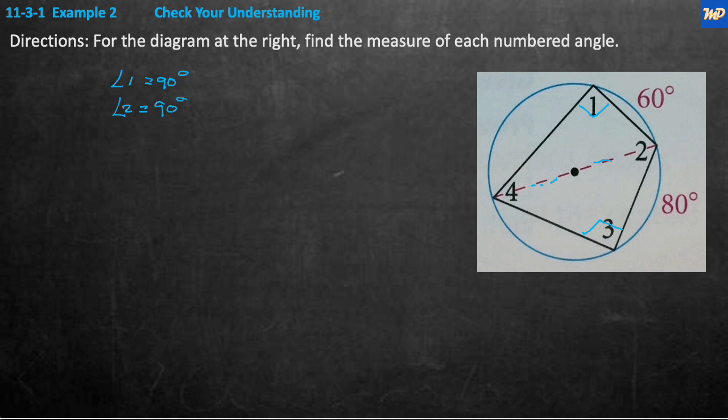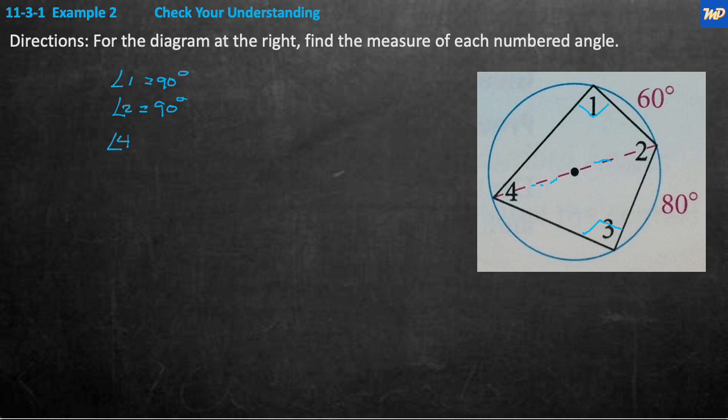Now let's do 4. And the reason I say angle 4 is because we have these 2 angles right here given to us. And so we know that angle 4 is 1/2 the sum of these 2 arcs, because angle 4 comprises both of these arcs.